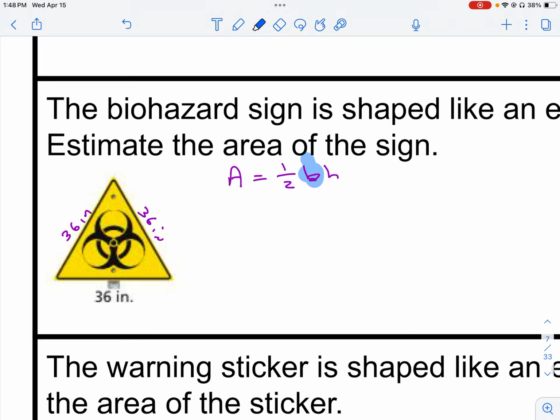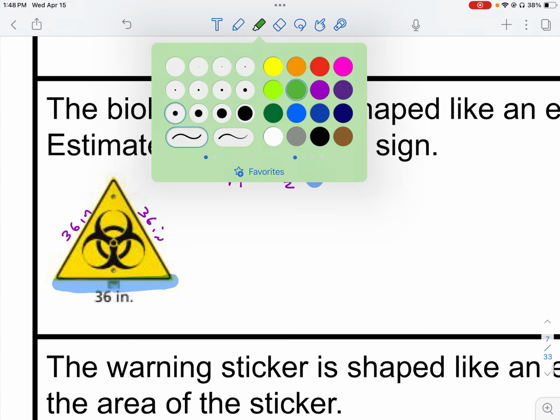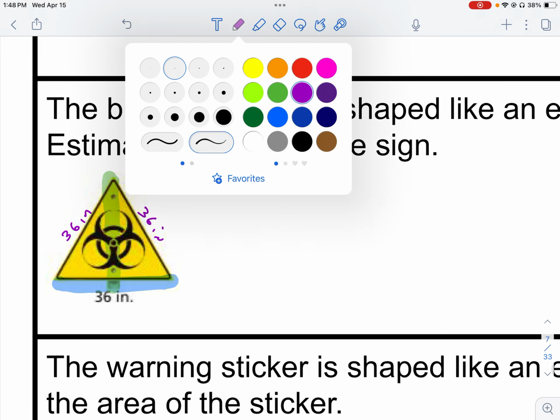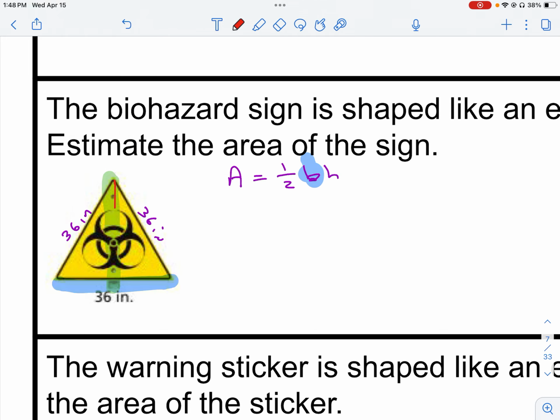This is my base here. And this is going to be my height here. Well, to find the height, I need an altitude at a right angle. These are 60 degrees and a 90, so I have to have a 30, so it's a 30, 60, 90. They're similar triangles.